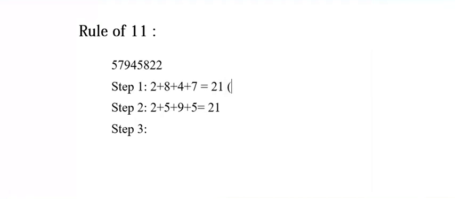So this 21 will be for odd and this 21 will be for even. Now what are we supposed to do? We'll check the difference. That means to say we will do 21 minus 21. Now 21 minus 21 means this number, 57945822, is completely divisible by 11.